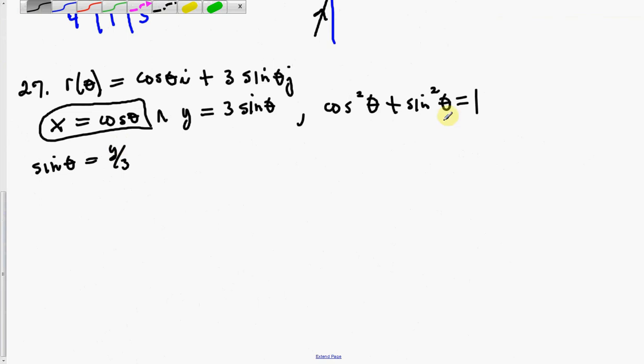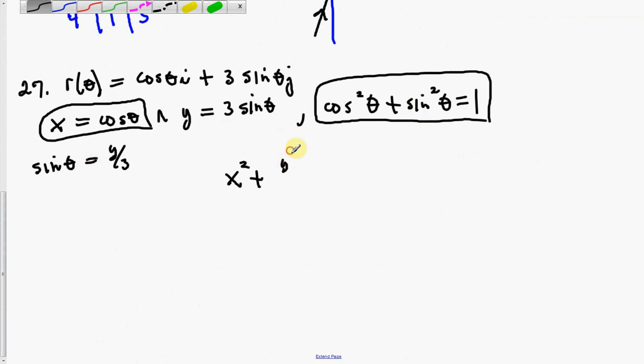So to produce cosine squared theta plus sine squared theta equal to 1, we simply replace the cosine with x and replace the sine with y over 3. And so what that gives us, cosine squared would be x squared plus, and sine squared would be y over 3 squared, or y squared over 9, is equal to 1.